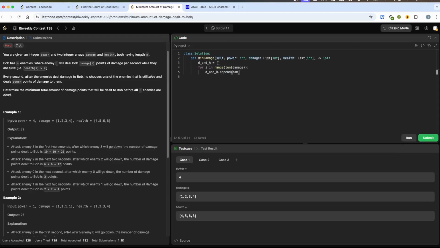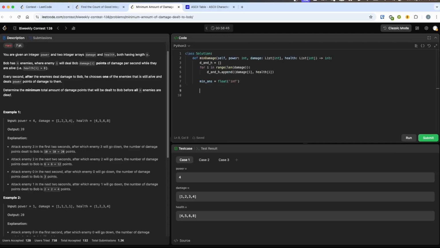And damage I. We're going to have a tuple essentially that contains both damage I and health I, right? And then let's first sort by health. Min, insert, infinity.